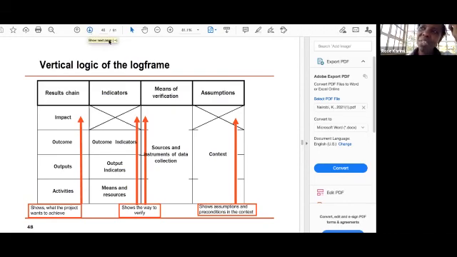If we said we are going to train a certain number of farmers on sustainable farming, then what indicator shall we use to evaluate whether that has been achieved? So these are ways to verify. And the means of verification, what are the sources and instruments of data collection?